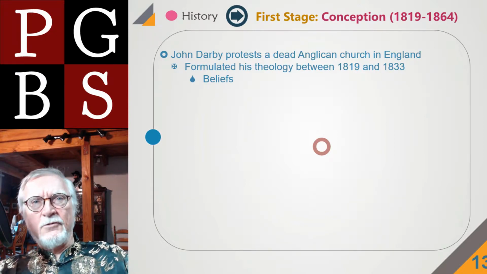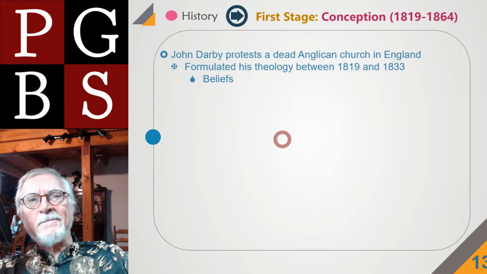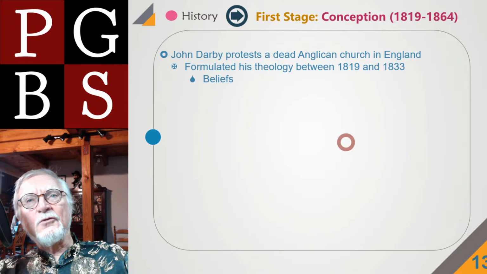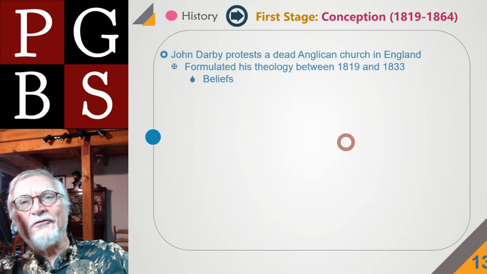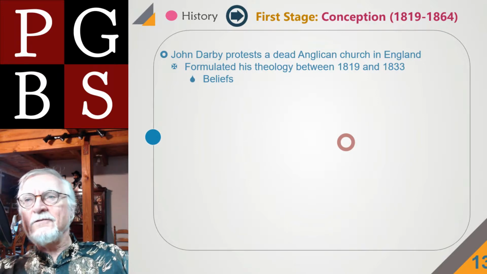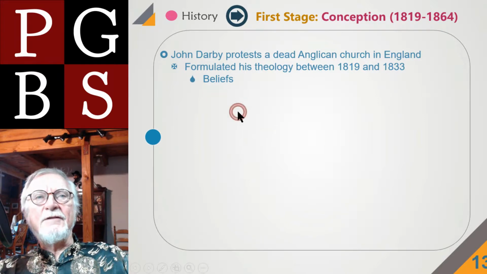So he had a legitimate complaint, but he came up with this theology which tended to jerk the church out of the New Testament and make it a gap, make it nothing, and focus the good stuff on the future millennium, so he didn't have to deal with the bad stuff in the present, which was the dead Anglican Church. Now, here's some of his beliefs.